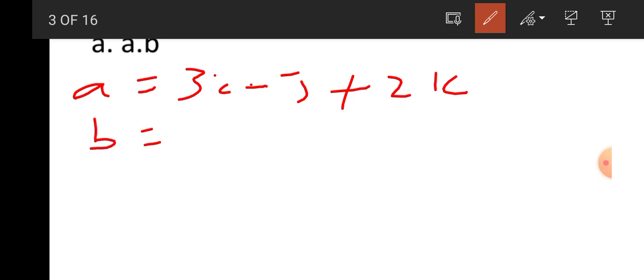Vector B is equals to 2i plus j minus 2k.